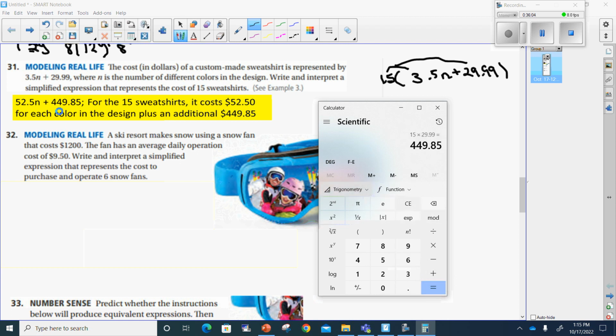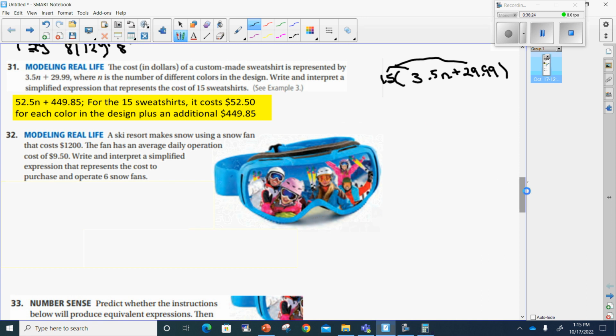And that gives me the 449.85. That's how they got this. And that's for 15 shirts. It's costing $52.50 for each color, because that's $52.50 right there. And then $449.85. All right, let's go to the next one.